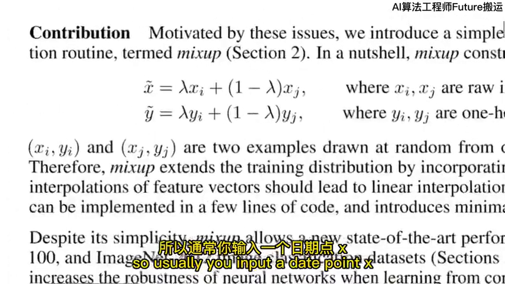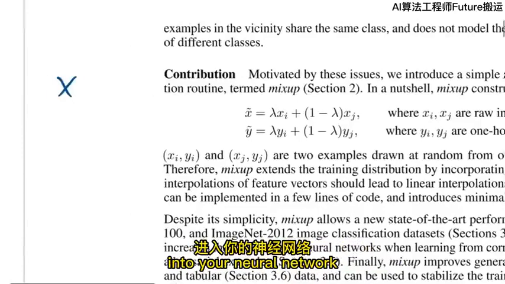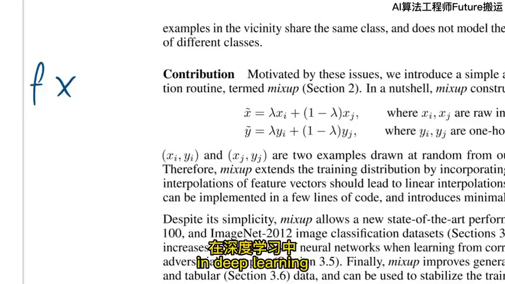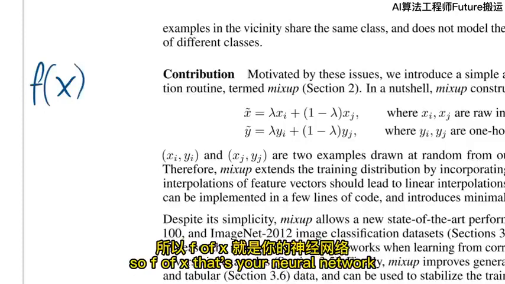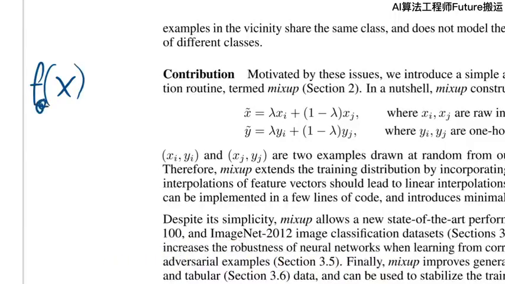So usually you input a data point X into your neural network in deep learning. So f of X, that's your neural network. Your neural network has parameters, theta.